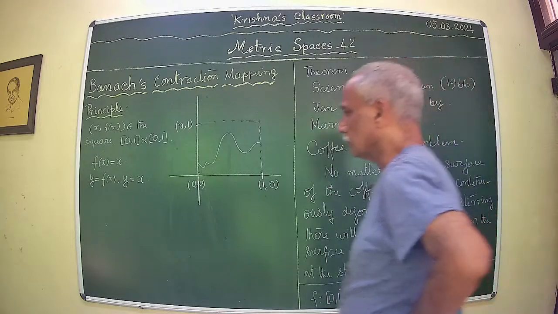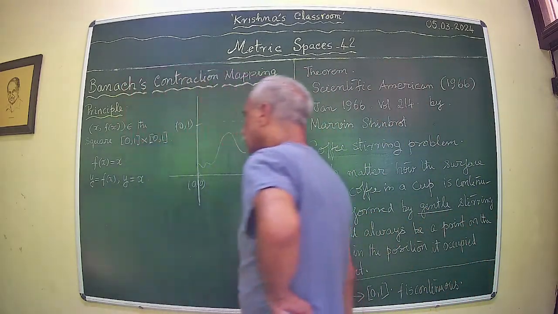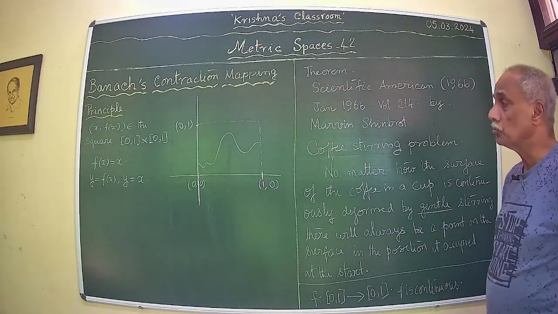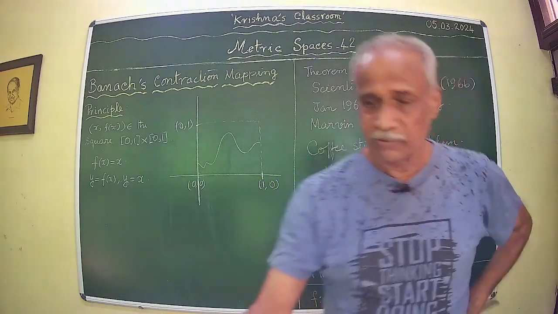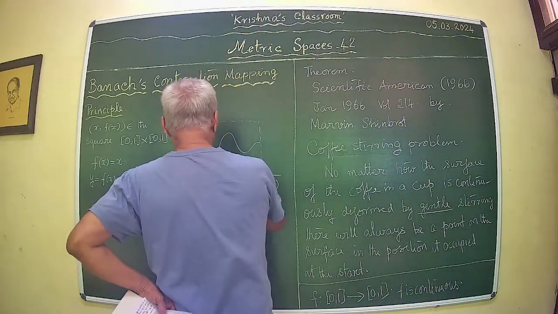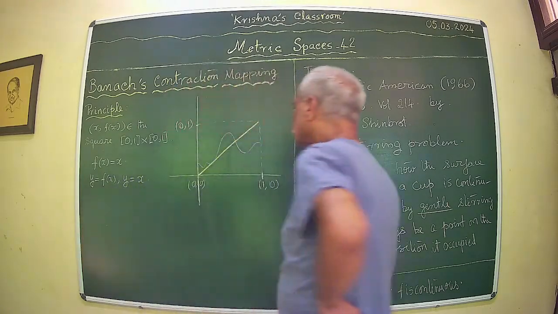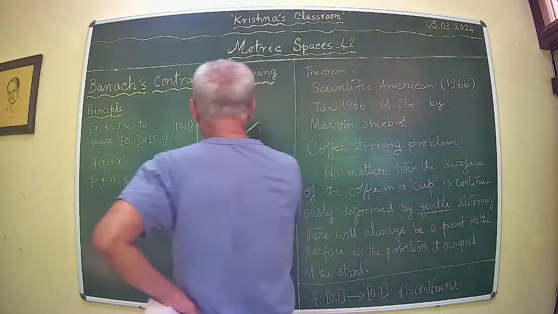Okay, and we are looking at the possible intersection of these two curves. y equal to x is the following curve, namely the diagonal of this rectangle.